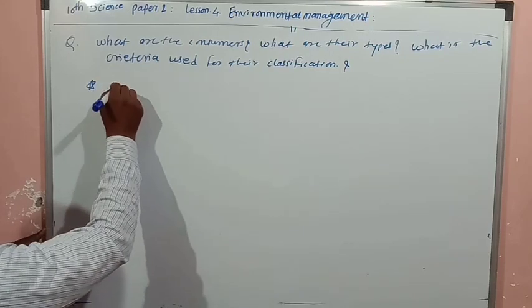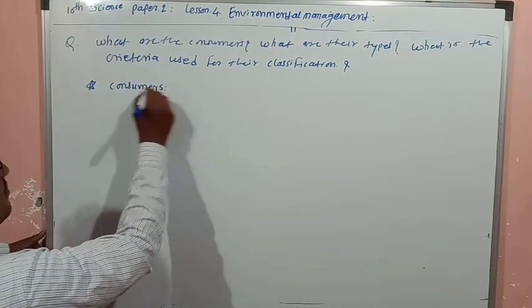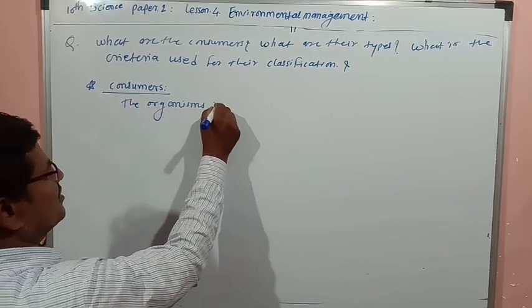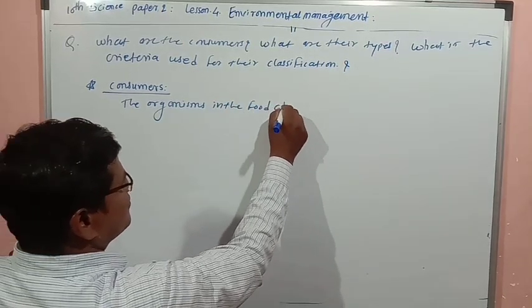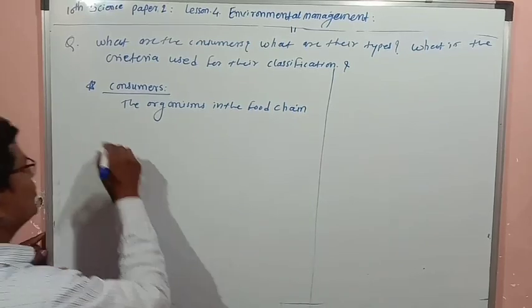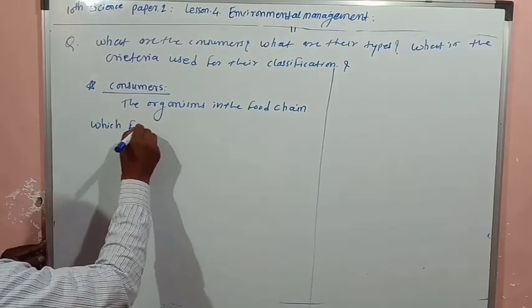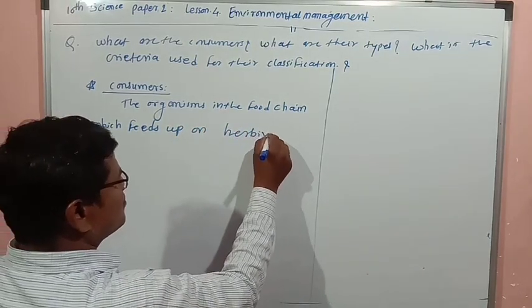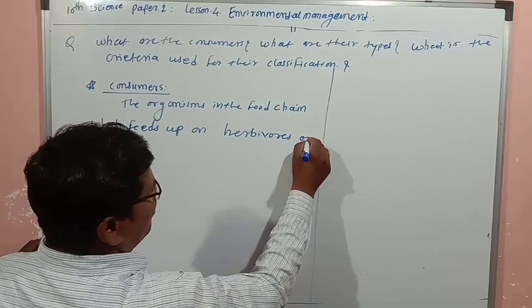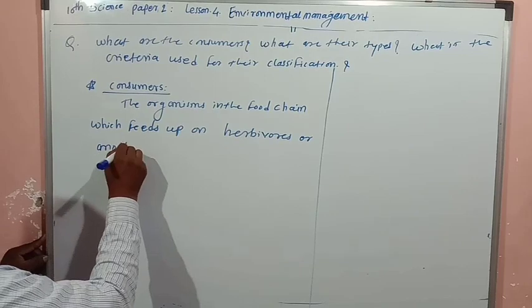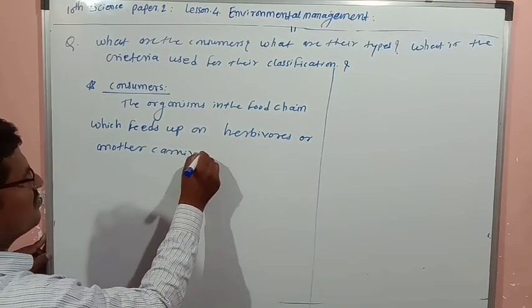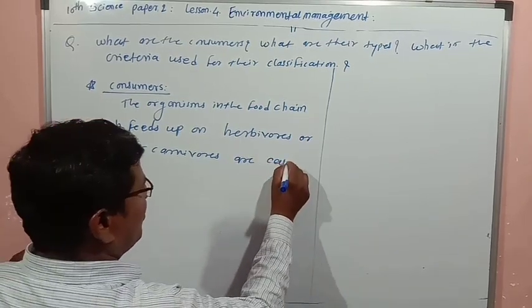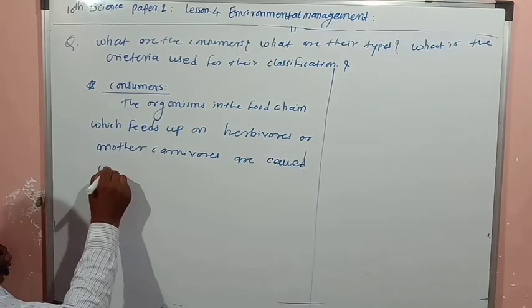Consumers are the organisms in the food chain which feed upon herbivores or other carnivores. They are called consumers.